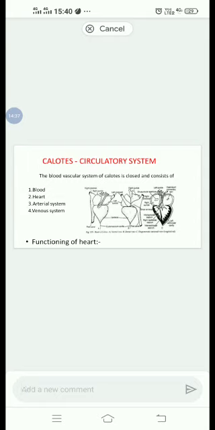Next, the heart. The heart of Calotes is a triangular, red-colored, three-chambered muscular organ.